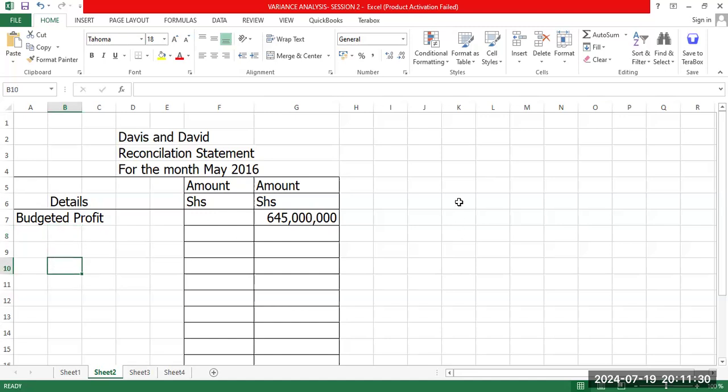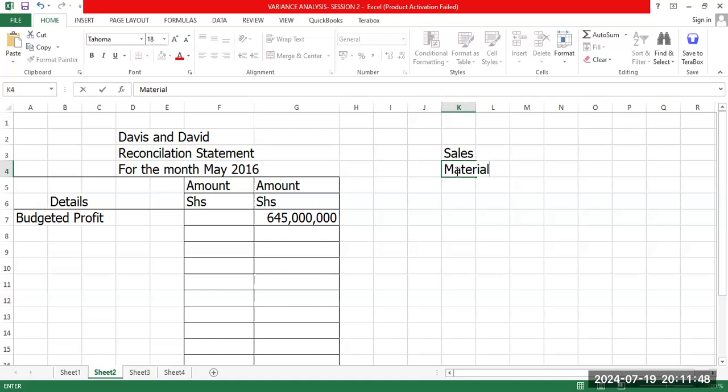So remember, for variances, based on our question, you ask yourself what items are given. Are you given information related to sales? Are you given information related to materials?